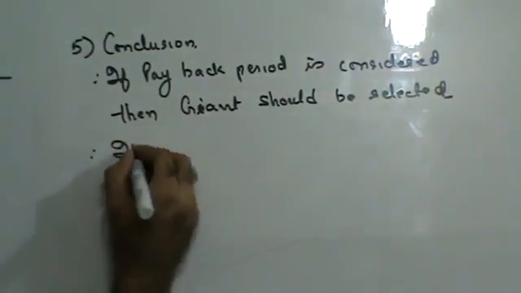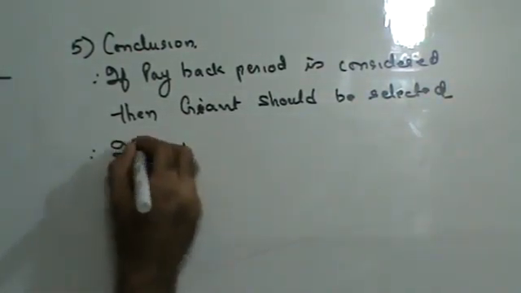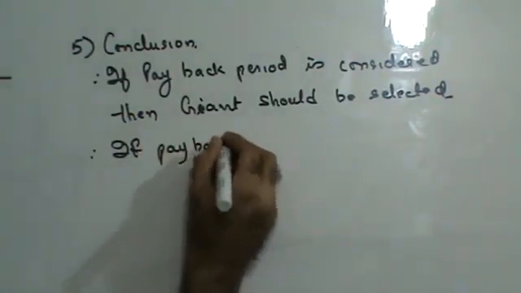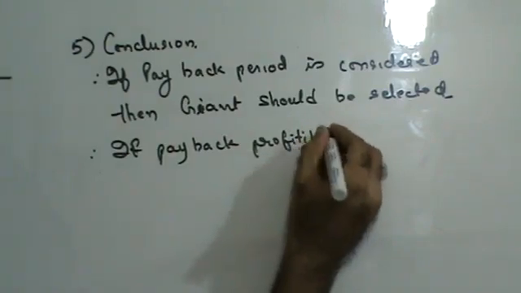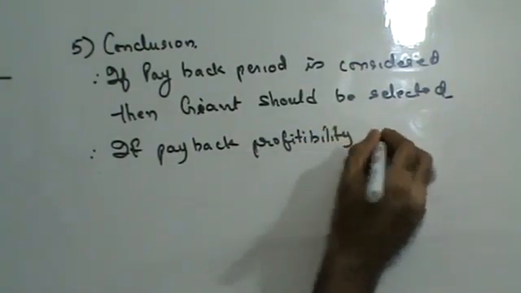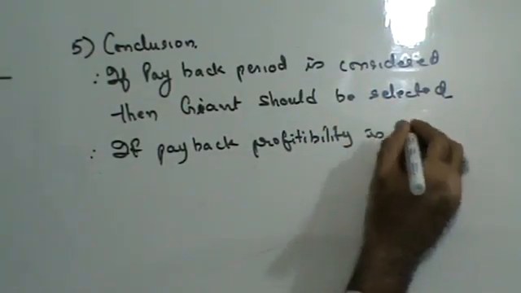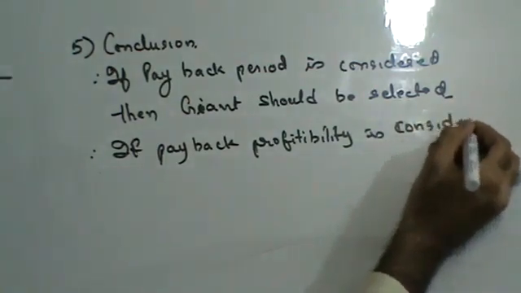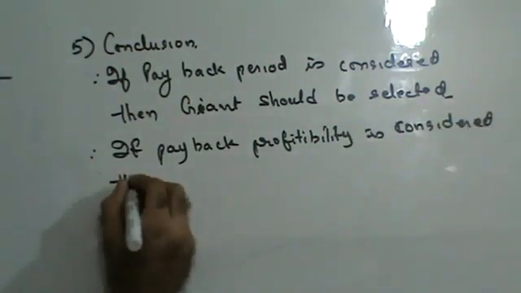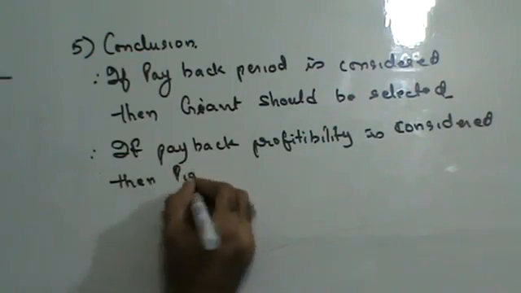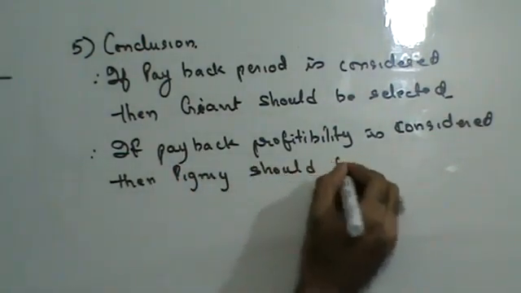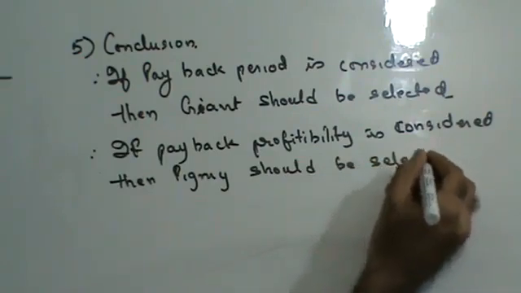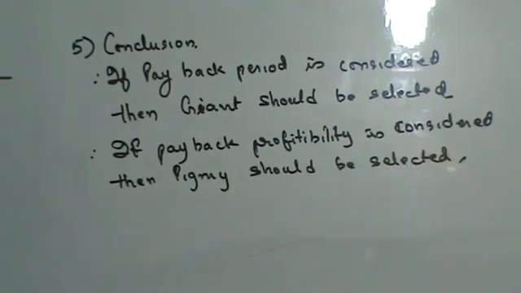If payback profitability is considered, then Pygmy should be selected. So these are your two options, right?